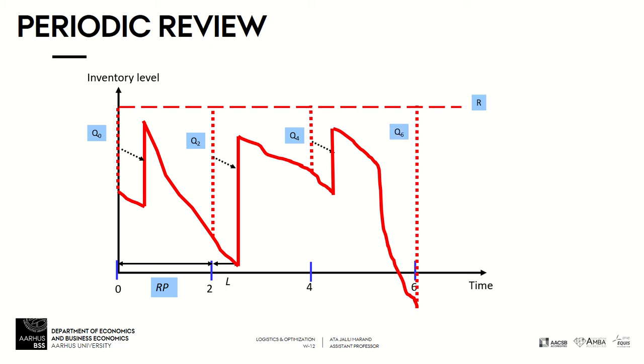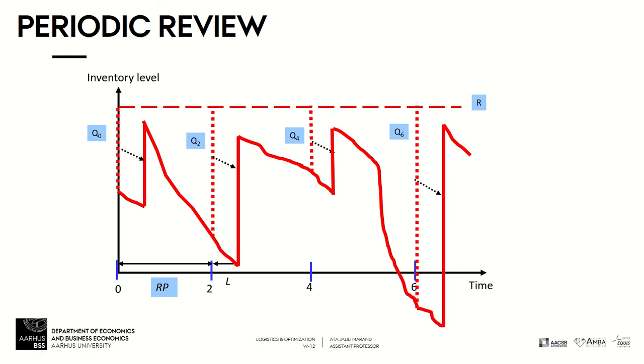This time I will make a very big order of size Q6 to reach level R. Time goes by, I will go further into negatives, I will have more back orders until I get my order, and then inventory level increases by Q6 units and so on.